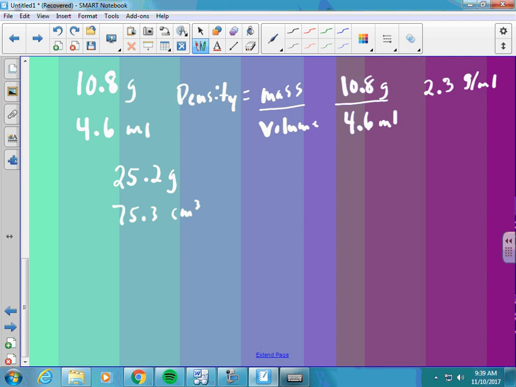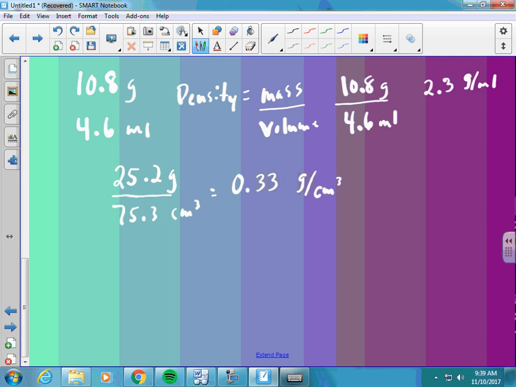So again, all we've got to do is just divide, and that one came out to be like 0.33. Now in this case, the units, instead of being grams per milliliter, are going to be grams per cubic centimeter. Okay, because that's what I was dividing by, was cubic centimeters.